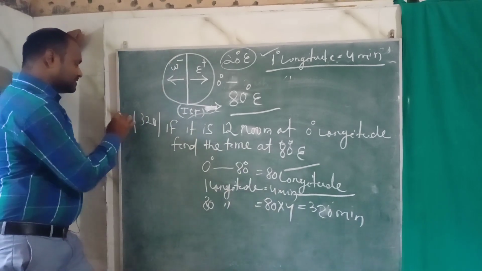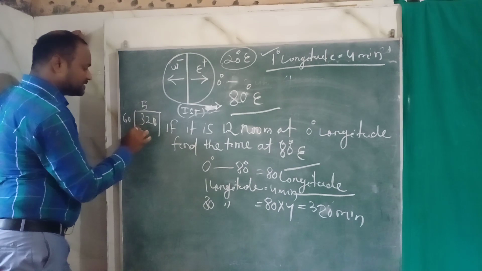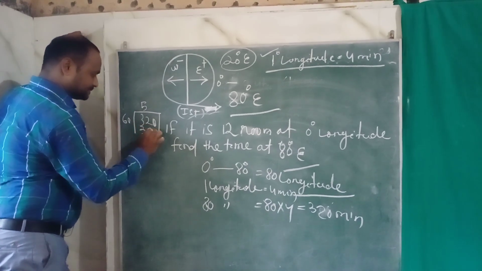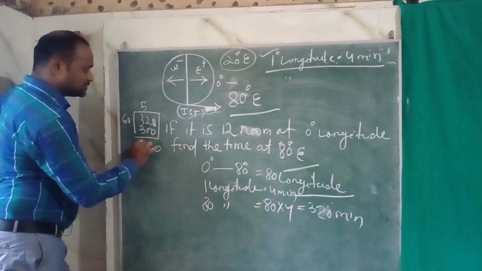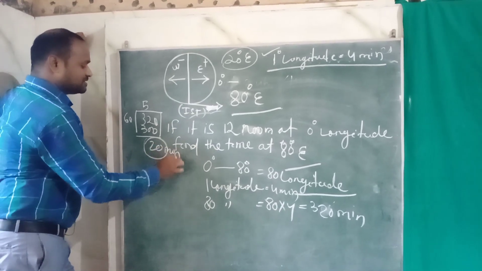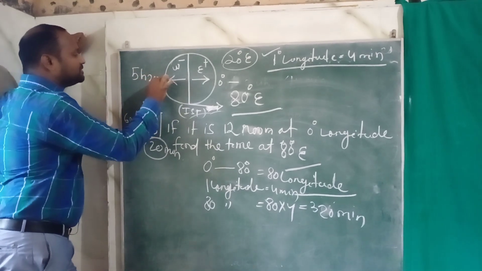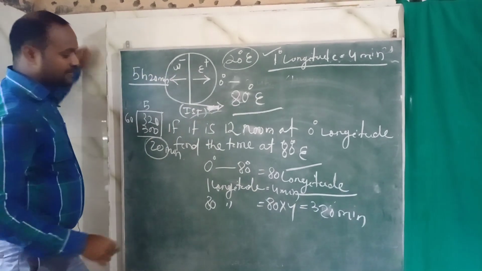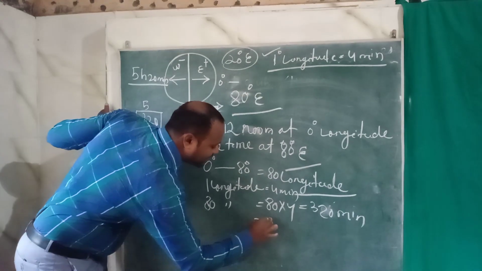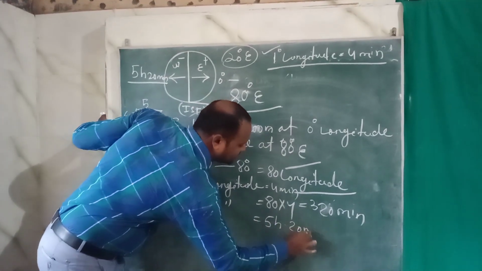Then we have to convert it into hours. 320 divided by 60 is 5 and remainder 20. Whatever the remainder, it will become minutes. So it will be 5 hours 20 minutes.